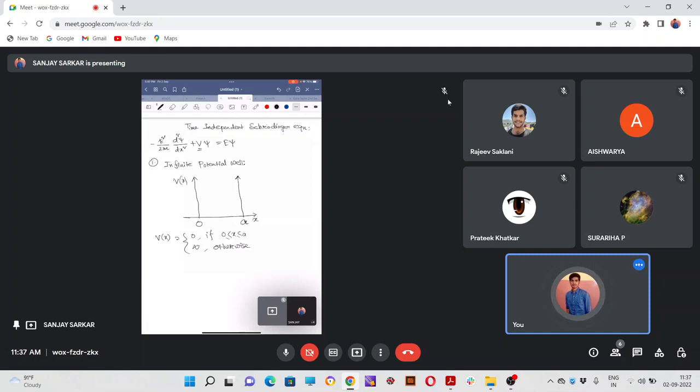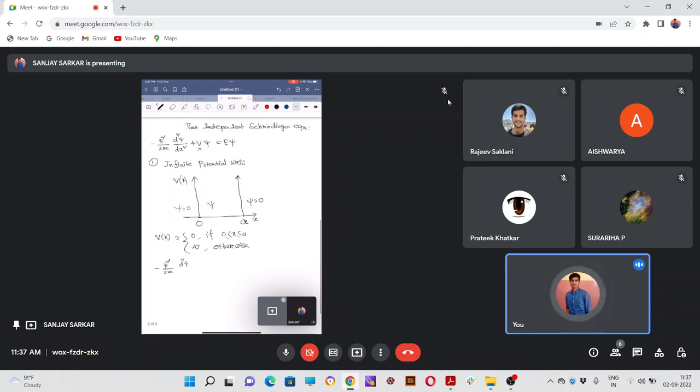So the Schrödinger equation for this 1D potential will reduce to this form. Outside this potential well, psi is always 0. Here psi is 0, and here psi is 0. We need to find the form of psi inside this potential well.